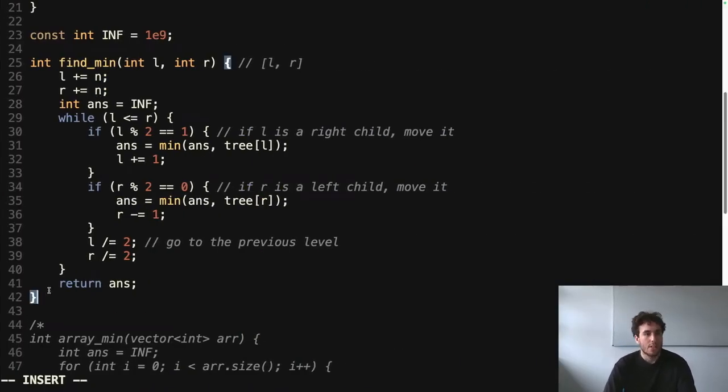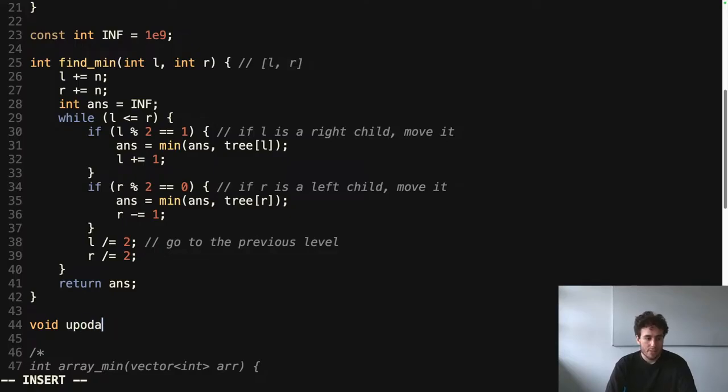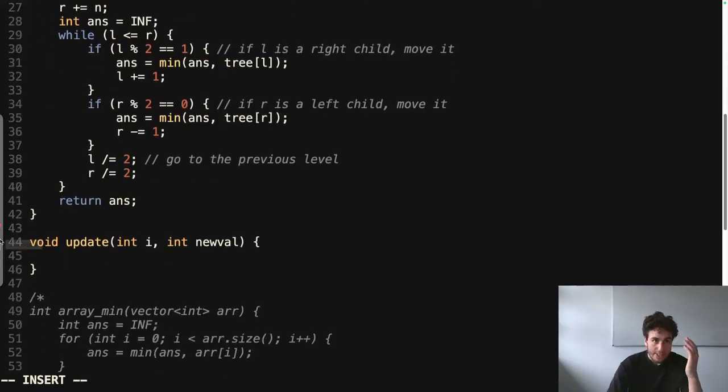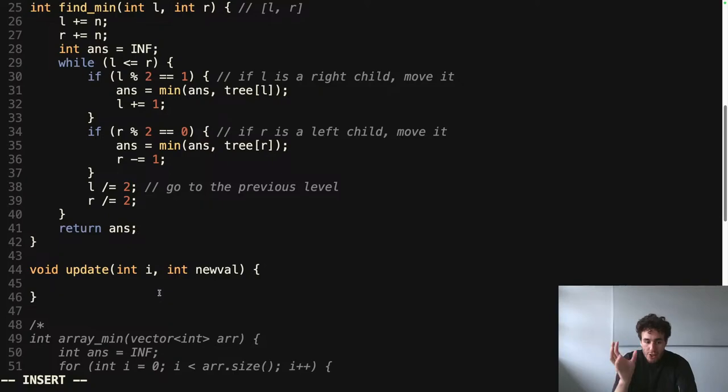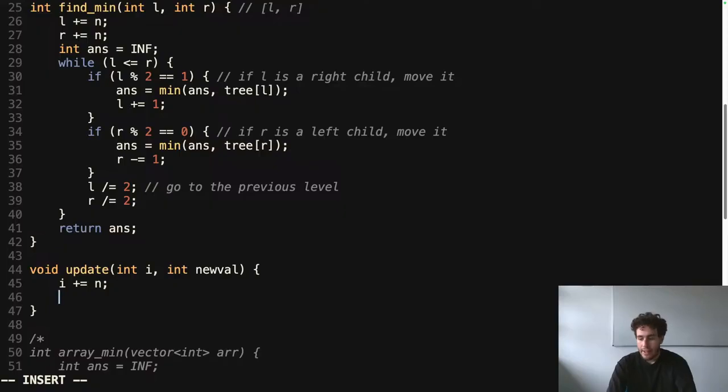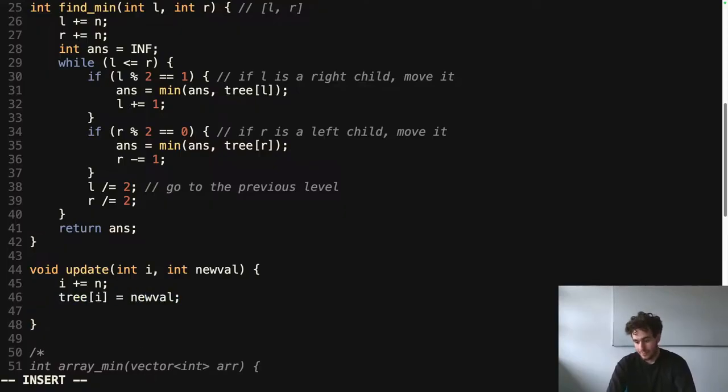Let's do that. So void update. I have some index i, and I have a new value, right? The same way as with find minimum, we need to change from indices in the array to vertices of the tree. So we do i plus equals m, and set the value here to be equal to the new value.